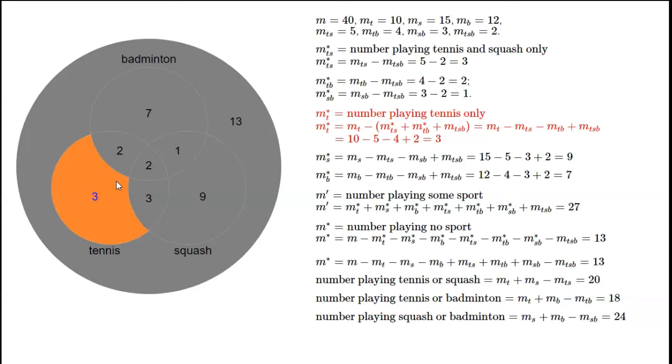Okay, so for our MT star, the people who play only tennis, that's MT, the number of people who play tennis, minus the people who play tennis and something else, which is MTS star and MTB star and MTSB star. Okay, but we worked out that MTS star is MTS minus MTSB, and MTB star is MTB minus MTSB.